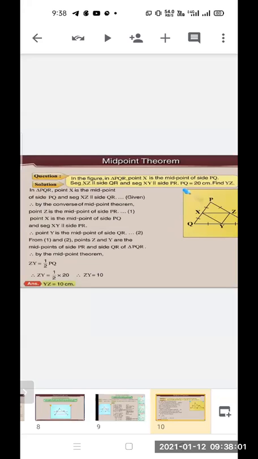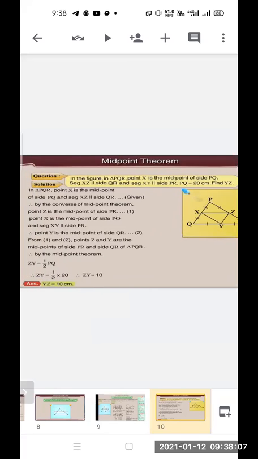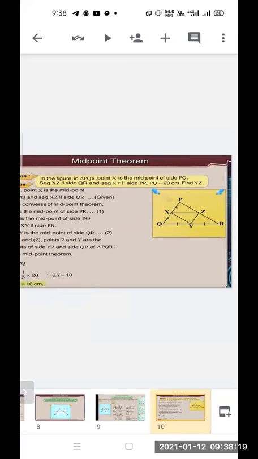In the figure, in triangle PQR, point X is the midpoint of side PQ, given. Segment XZ is parallel to QR, given.